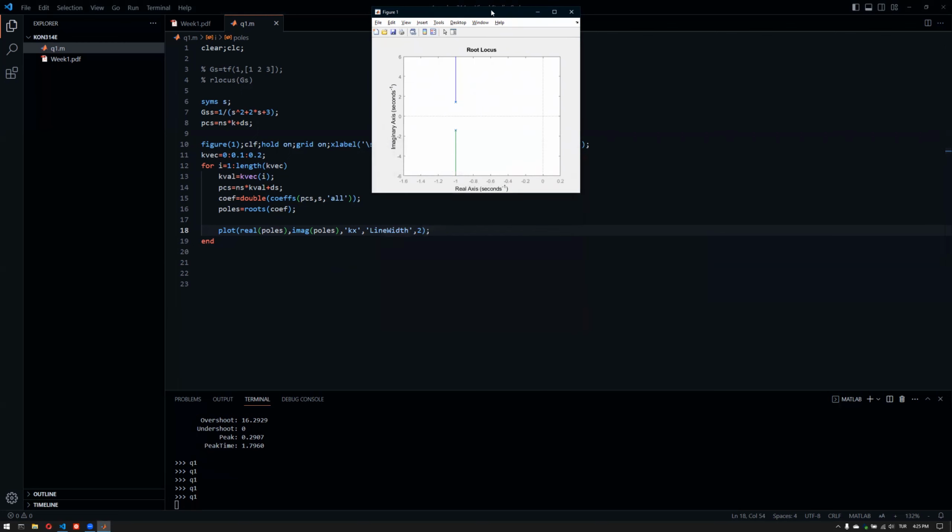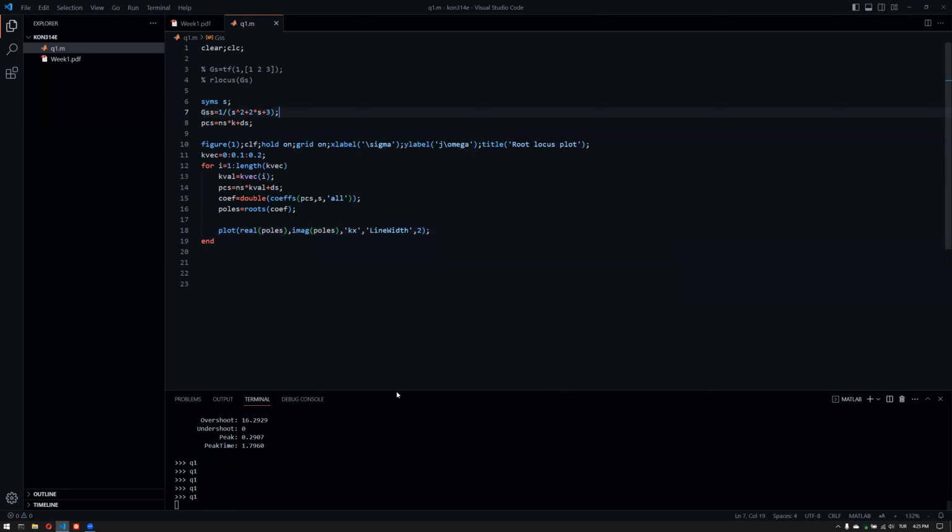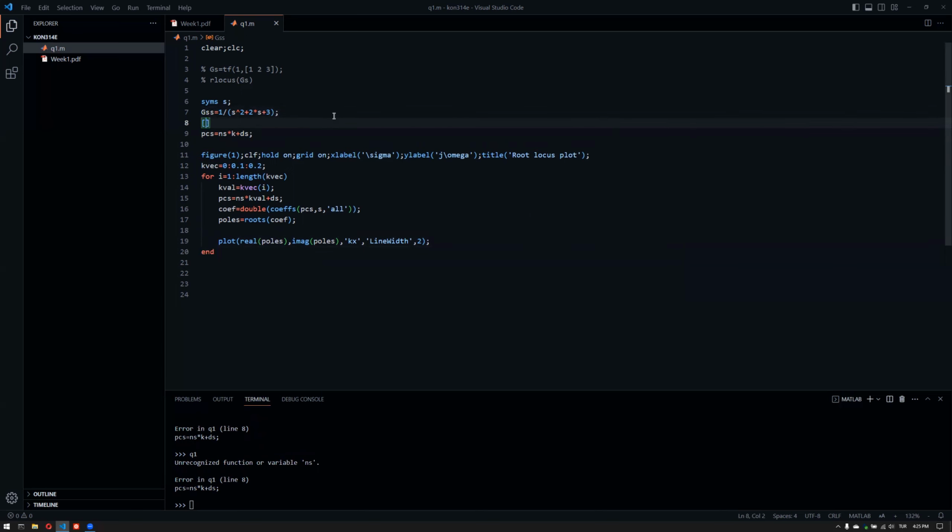Let's close this one down. Of course, we didn't use the numerator and denominator of G(s) then. We didn't decompose that.